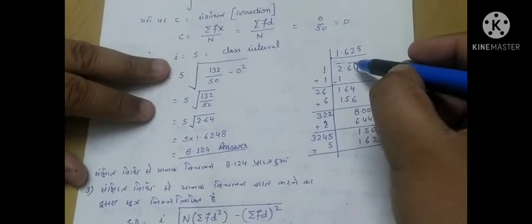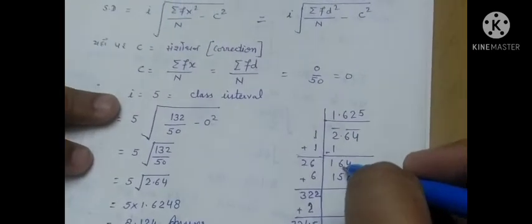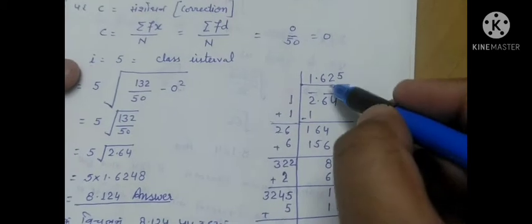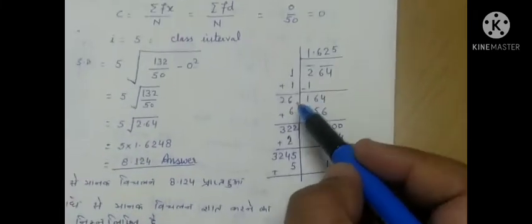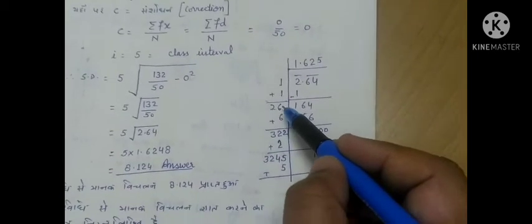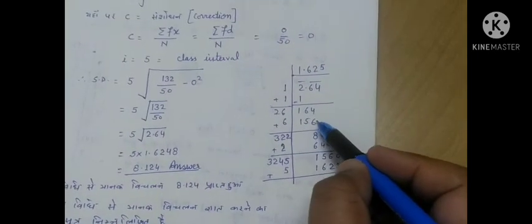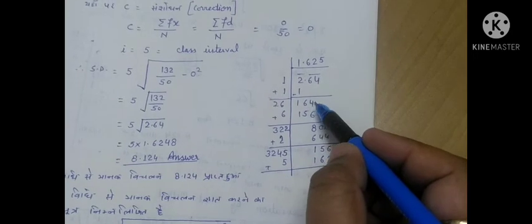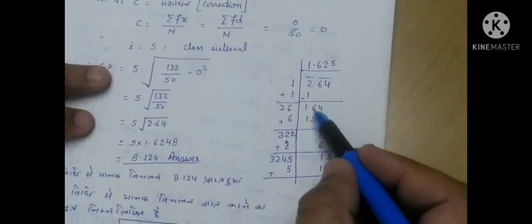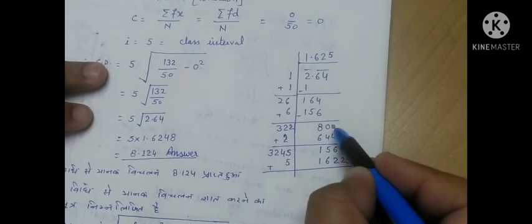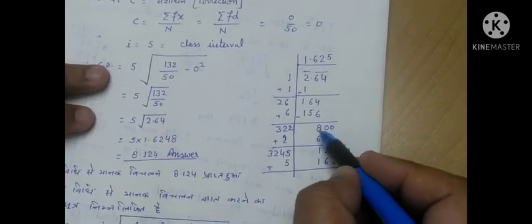Now write down these two digits, 6 4. Now 1 plus 1 is 2. Now it goes 6 times. So 26 multiplied by 6 is 156. This value is less than 164, so this is okay. So write here 6. Now 164 minus 156 is equal to 8.